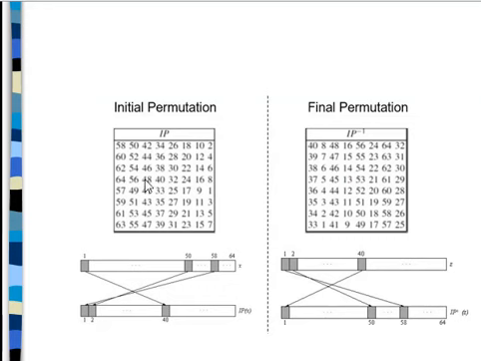Here you can see that in the first place we have bit 58, and then we have bit 15. This is our initial vector.